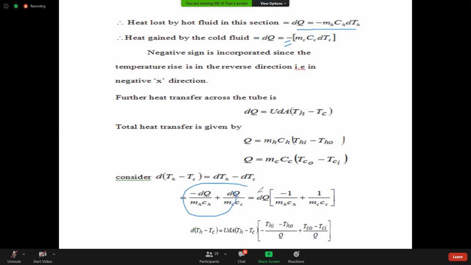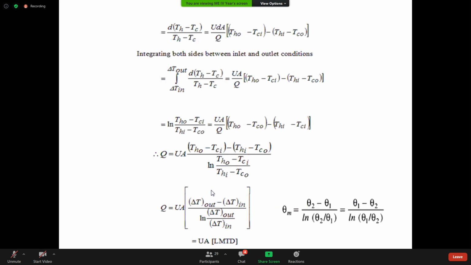You have to take the dq common. The remaining procedure is the same, only this minus. If you change this minus, it changes here. That is the difference. Ultimately you have to rearrange at the end and you will get like this.